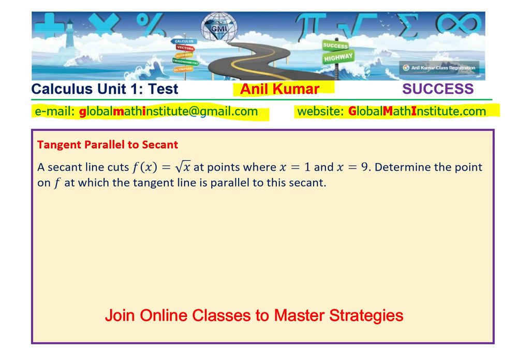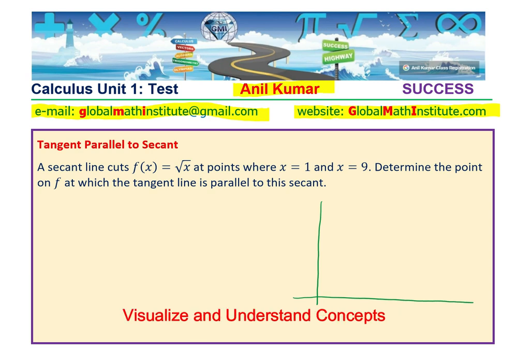So what we have is a square root x function. Let me just sketch it here. This is going to be a rough sketch. It starts from 0, all values are positive, something like this. So the function is square root of x.